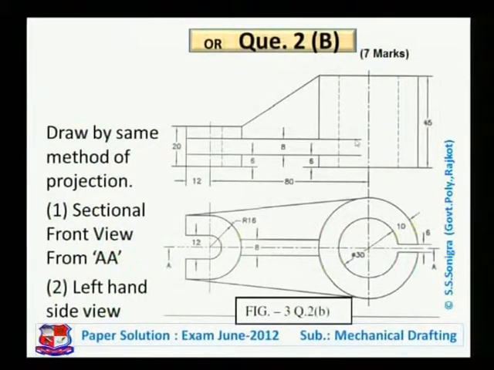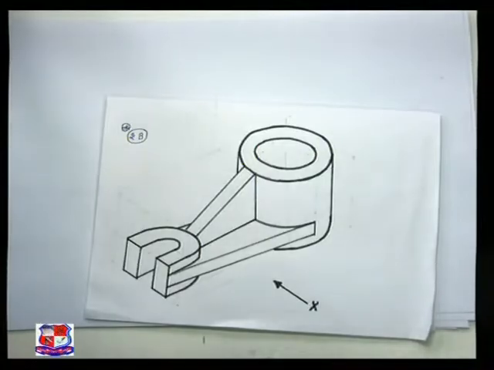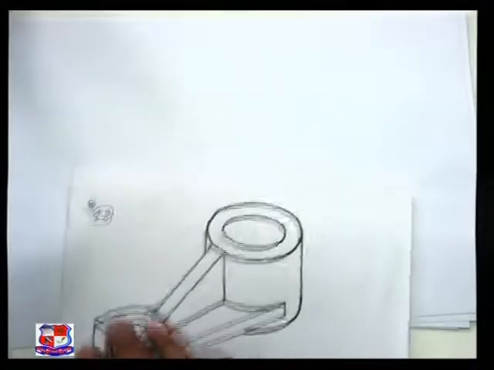Now to draw the view of this object, let me imagine the shape of this view. The shape of this view would be like this. You can see here, the object is given like this, and this would be the solution.